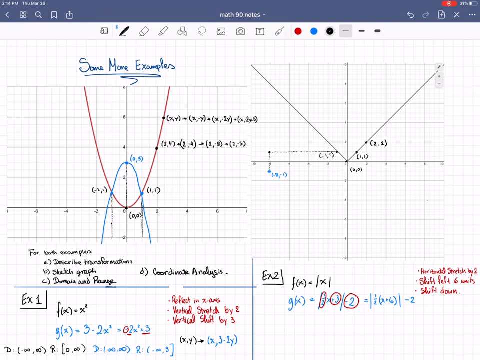Next, 0, 0. So the horizontal stretch doubles our x-coordinate, and doubling 0 doesn't do anything, okay? So for the horizontal stretch piece, it stays put. However, for the shift left, it's going to go over to negative 6.